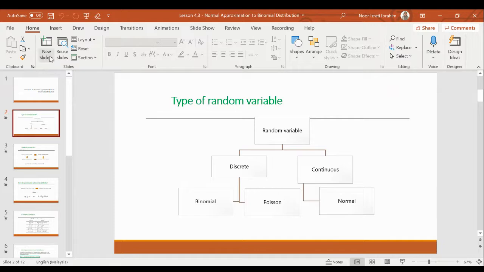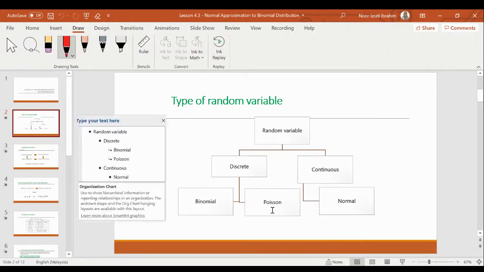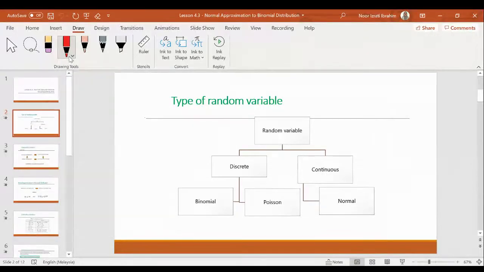And Poisson is not in our syllabus, so you can ignore this. And for the continuous random variable, we have learned normal distribution, where we learned how to identify the value of probability from the table and find the value of z and so on.